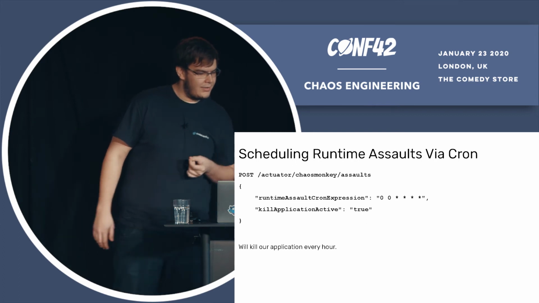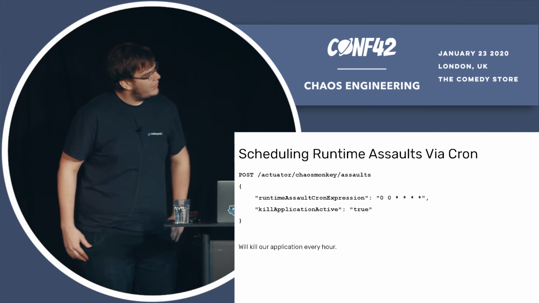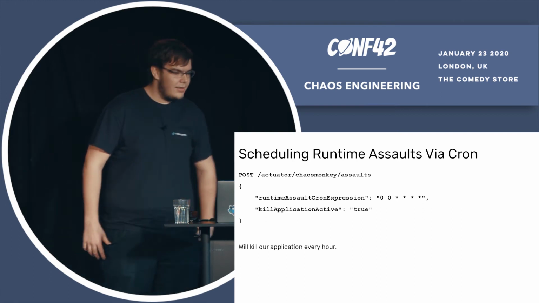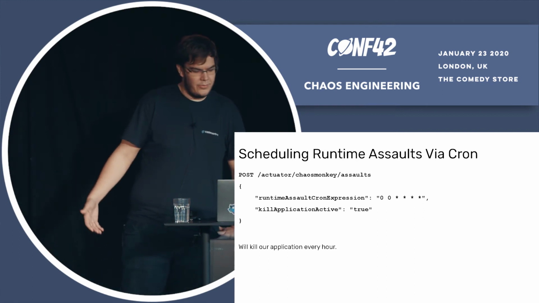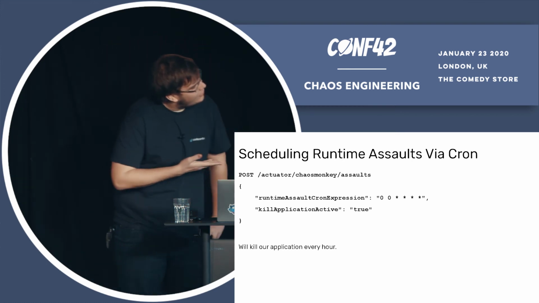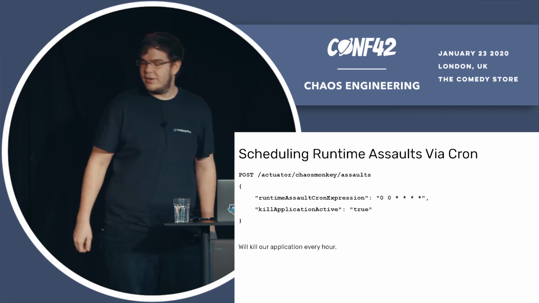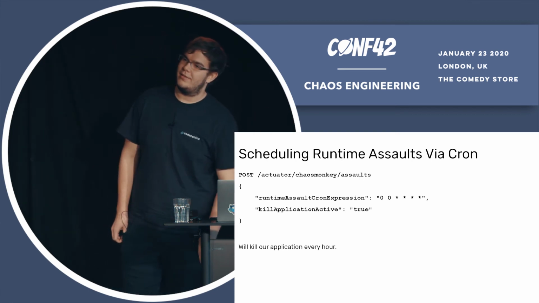And we also have runtime assaults, which means, for example, with this config, you can kill your application every hour. Our new feature was having cron expressions to schedule attacks.